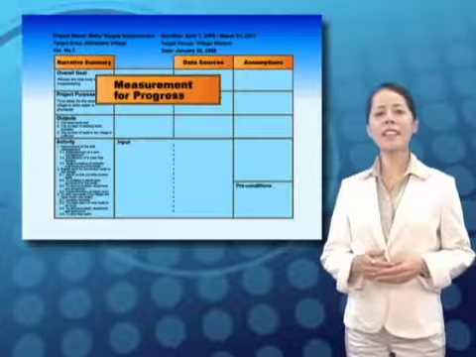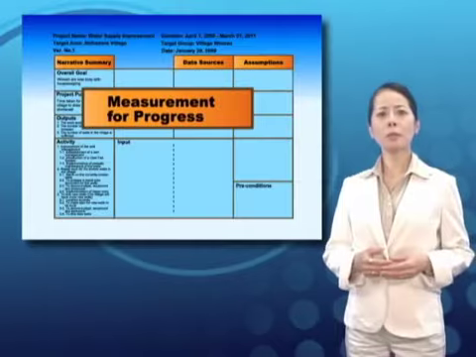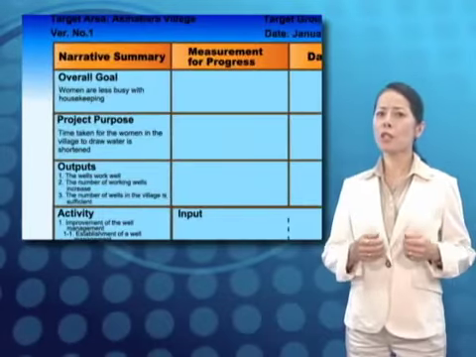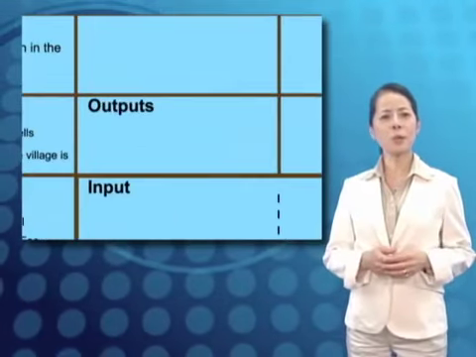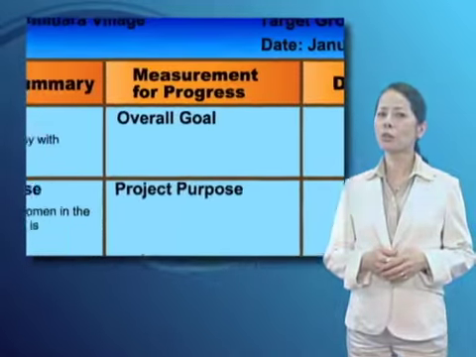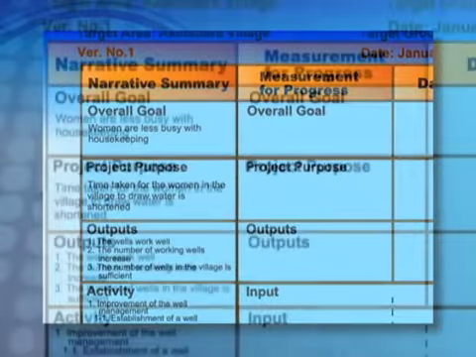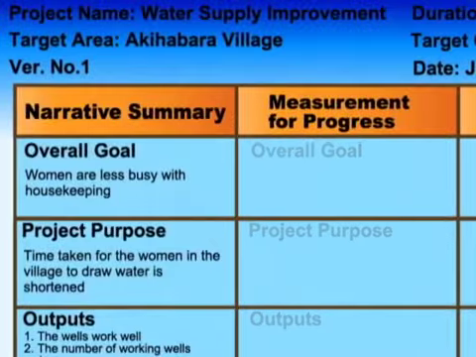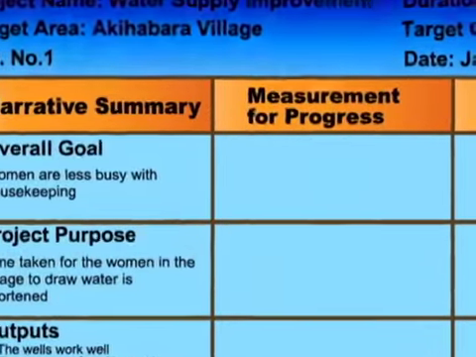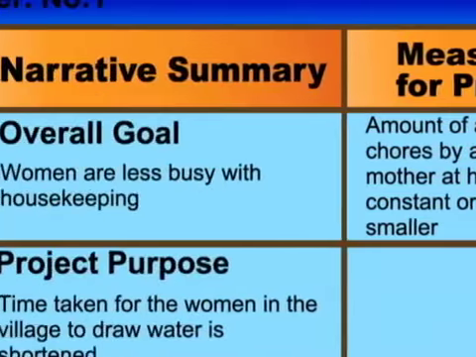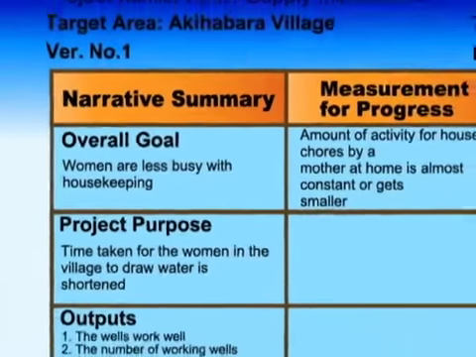The cells in the second row, the measurement for progress, should have indicators to judge conditions of progress for outputs, project purpose, and overall goal. For example, the cells under the measurement for progress for the overall goal should have a measurement to indicate progress for the objective. Women are less busy with housekeeping.